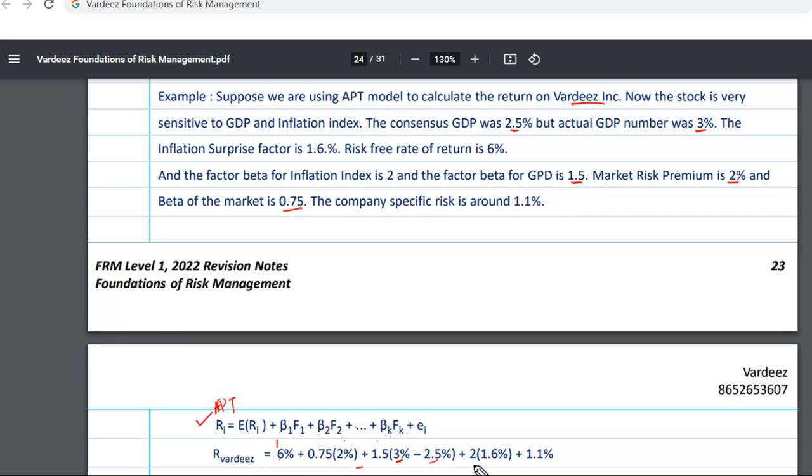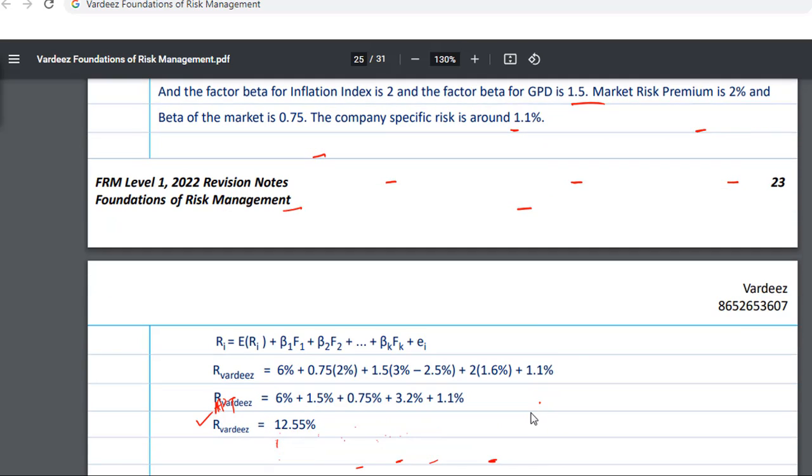Similarly we have the inflation factor, and the beta of the inflation is 2. Finally we have the company specific risk, the E, which is given to be 1.1%. Once we solve this, we finally get the answer as 12.55%.